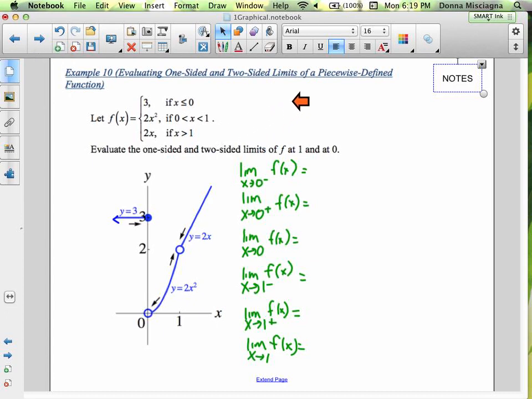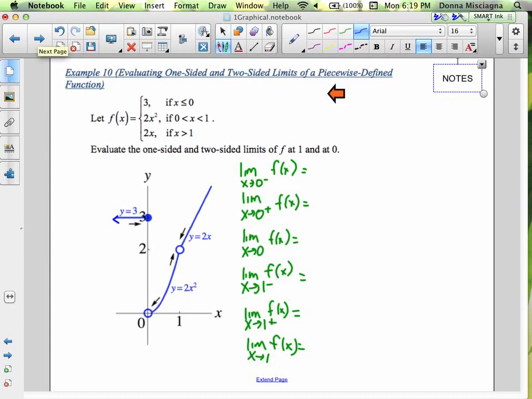We're going to evaluate the one-sided and two-sided limits here. Notes for you. We want to find the limit of f of x as x approaches 0 from the left. I don't want to use blue because the graph is in blue, let's use red. If we're coming from the left-hand side, the limit is approaching 3.